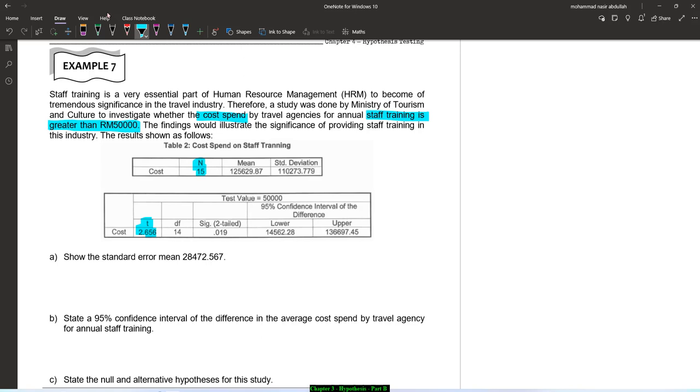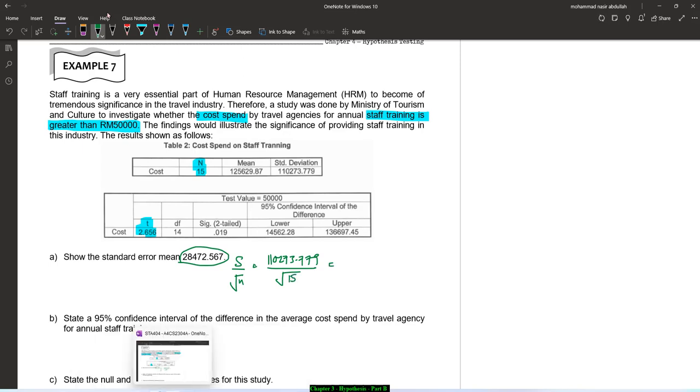This is the sample size. So the question is, show that standard error is equal to 28,452. Standard error is equal to s divided by square root of n. So the standard deviation, 110,273.779, divided by square root of 15. You tekan calculator. Where is my calculator? Right.